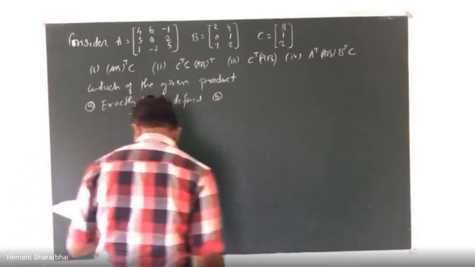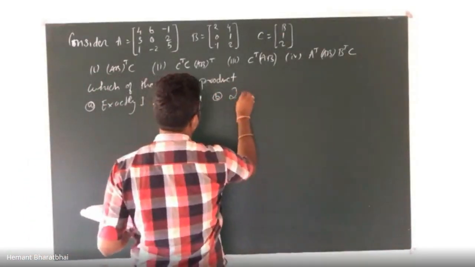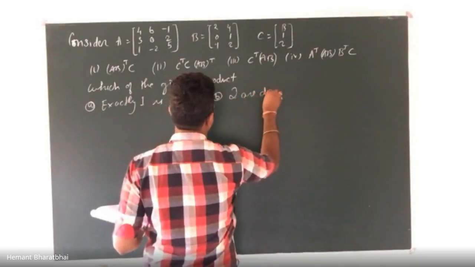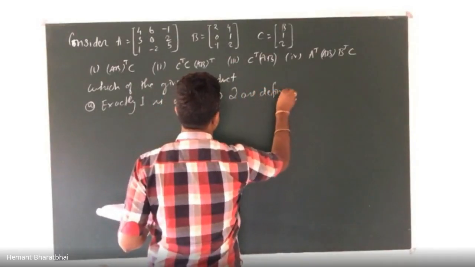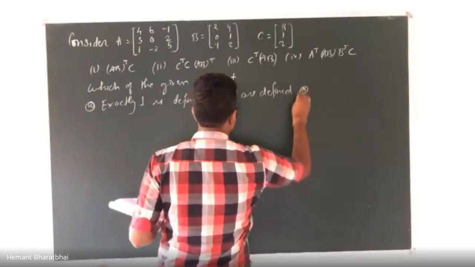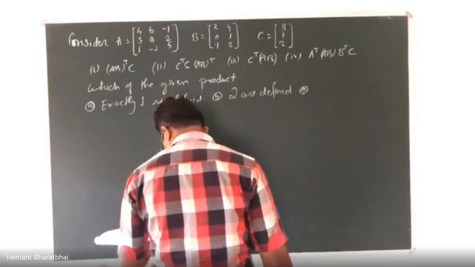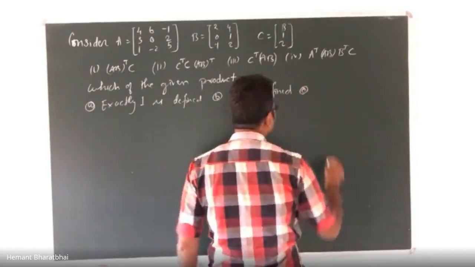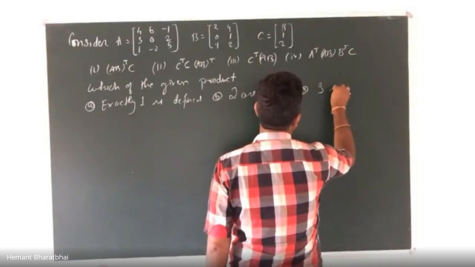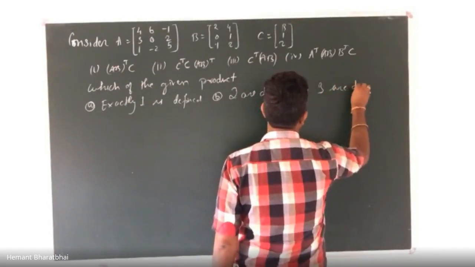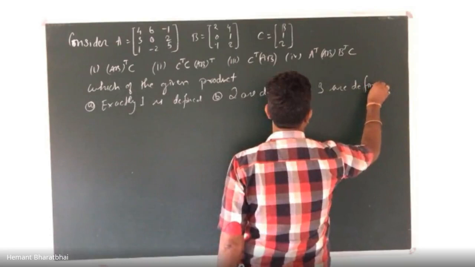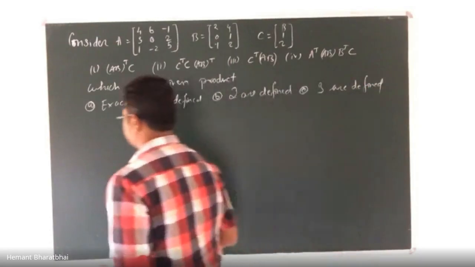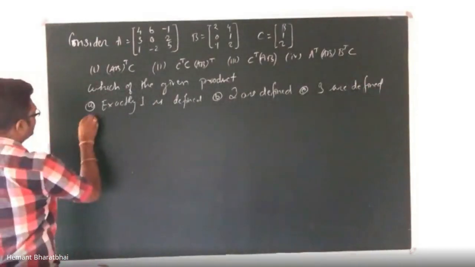Option B, two are defined. Option C, exactly three are defined. And option D, all are defined.